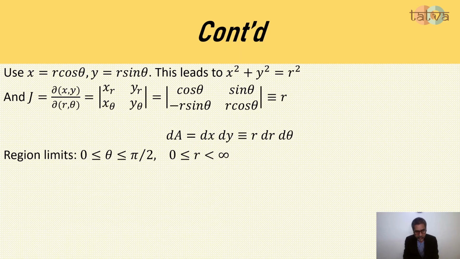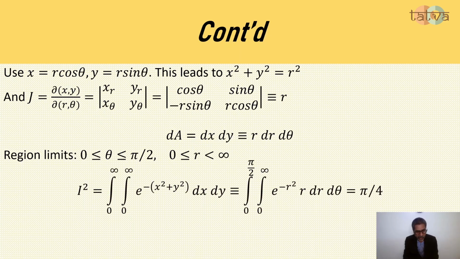You have seen in the diagram before that the region is completely in the first quadrant, so theta varies from 0 to pi by 2, whereas r varies from 0 to infinity. So your I square problem, which is originally in the Cartesian frame as 0 to infinity, e power minus of x square plus y square dx dy, which for some reasons we are not able to solve, is now converted into a polar double integral with theta limit 0 to pi by 2 and r limit 0 to infinity.